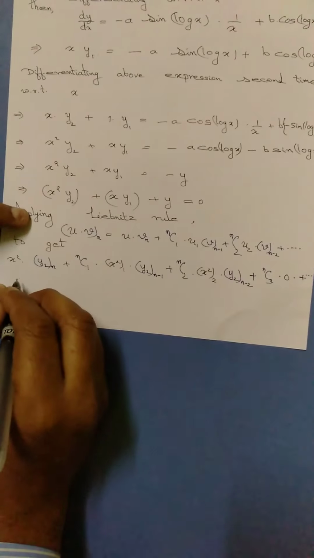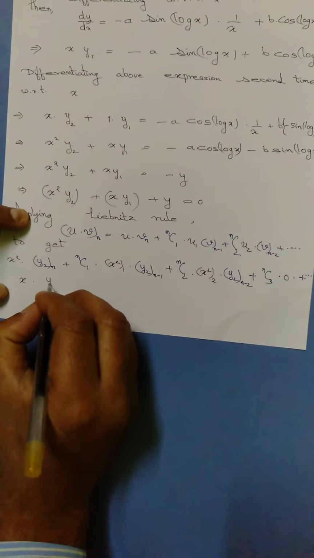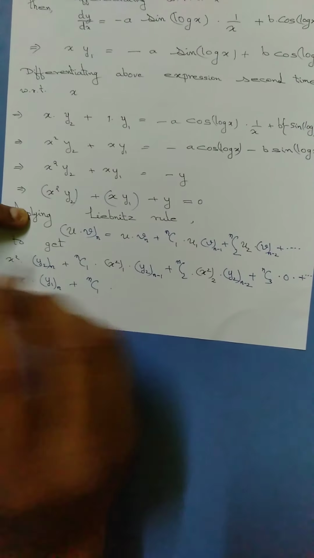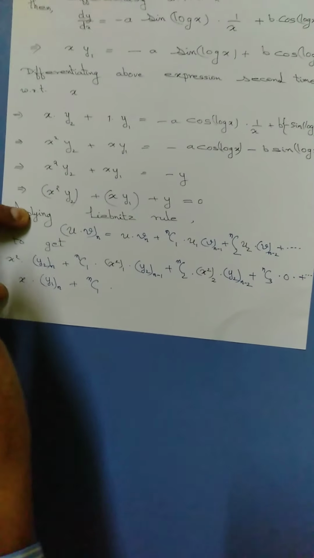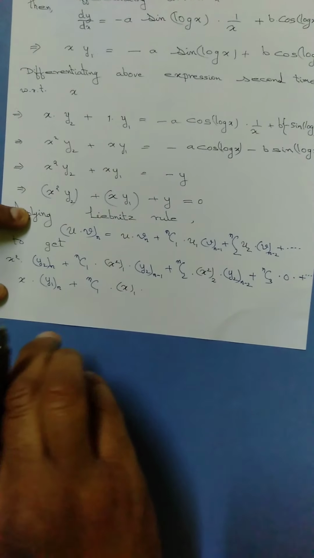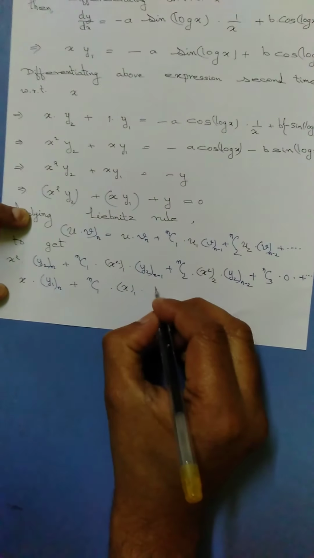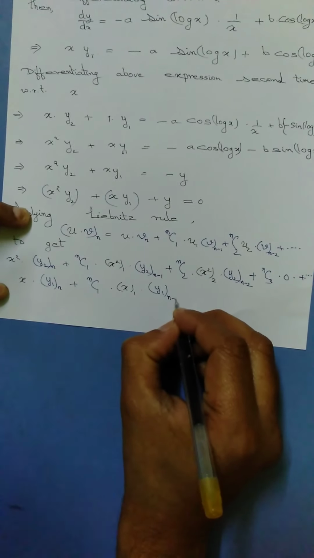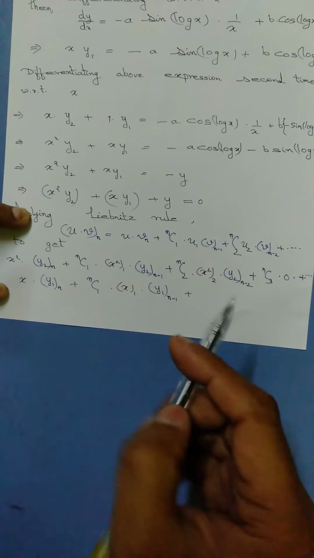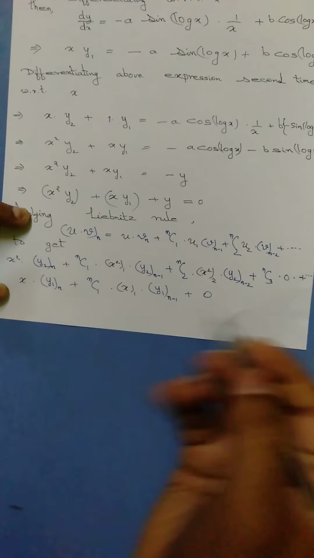So x into nth derivative of y1 plus n choose 1 first derivative of x into n minus 1th derivative of y1, n choose 2 second derivative, but second derivative of x is 0, that goes 0.